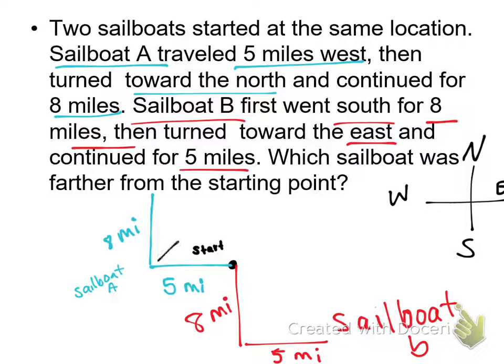So I'm going to tell you right now, a lot of times they would give you this angle, which would help us decide more information. So I'll explain if they gave us an angle. But right now, it says which boat is farther from the starting point. Which one?